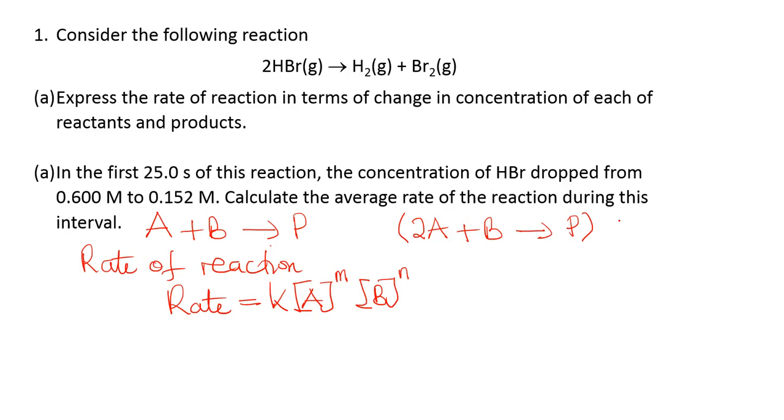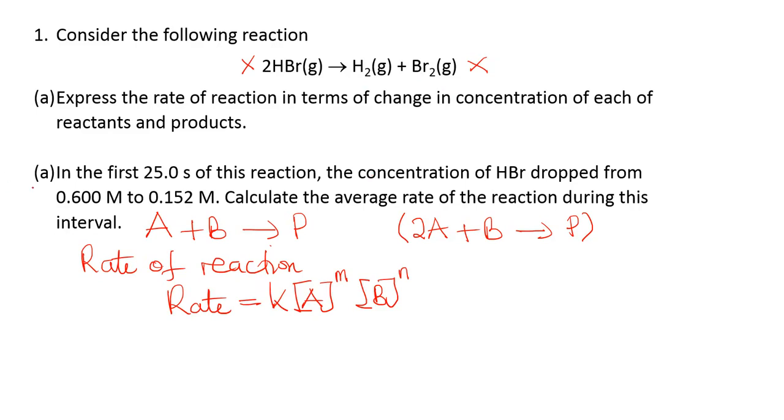Now let's use this information in the reaction given here. So consider the reaction 2HBr to form H2 and Br2. We have about 3 problems that we are going to solve using that reaction.